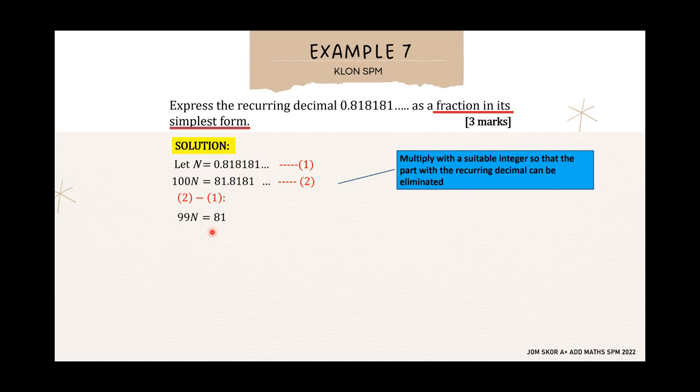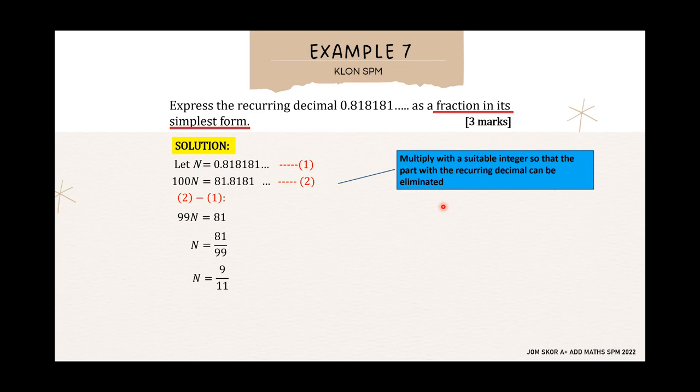Teacher akan dapat 81. Okay, macam mana kita nak cari nilai n? Again, use the concept of linear equation, nak dapatkan n, kita bahagikan 81 dengan 99. Kita balik soalan, dia nak kita tulis dalam simplest form. So, n is equal to 9/11.